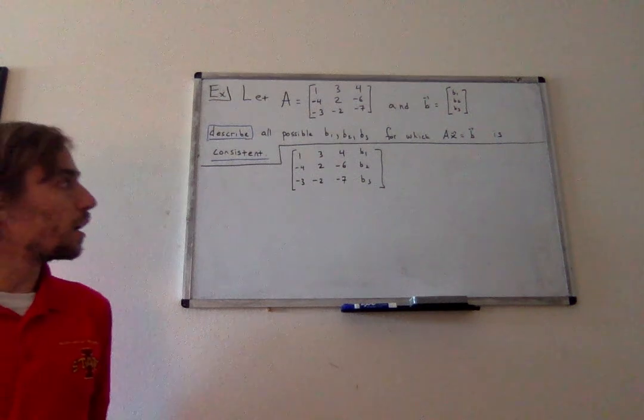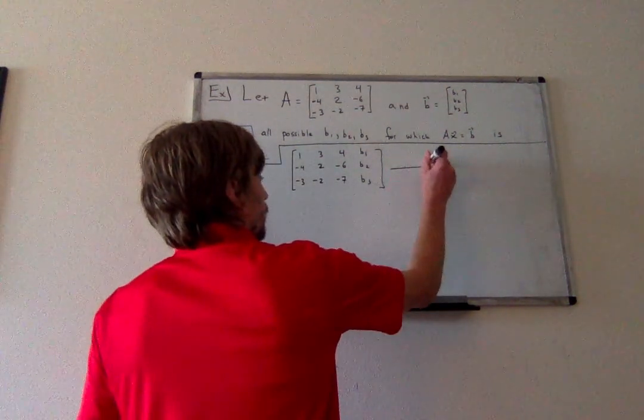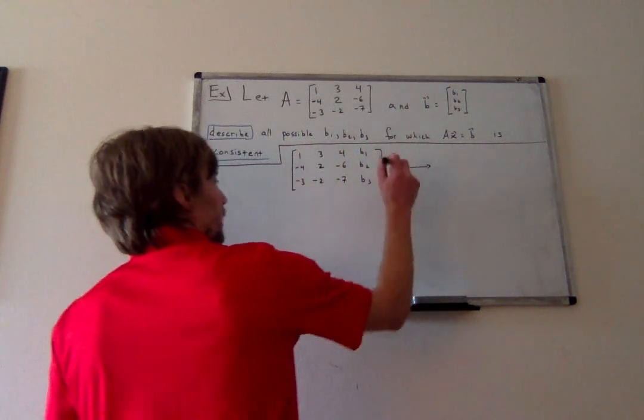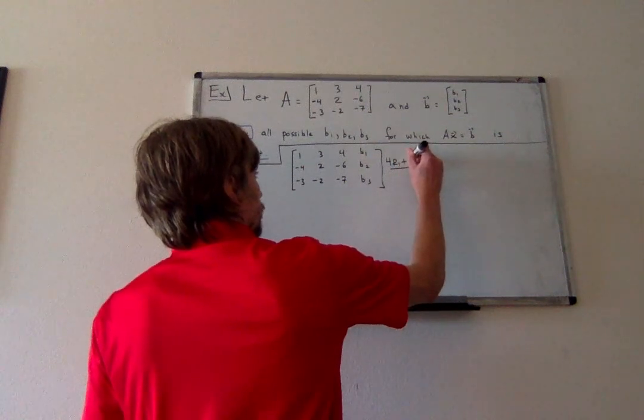So going forward with the row reduction algorithm, I think the first thing I want to do, well, I want to use this 1 to clear out its column, so I'm going to do 4 row 1 plus row 2.